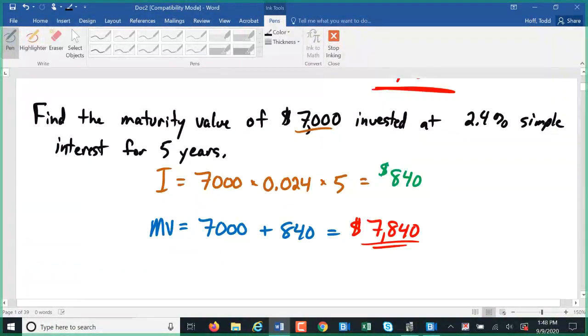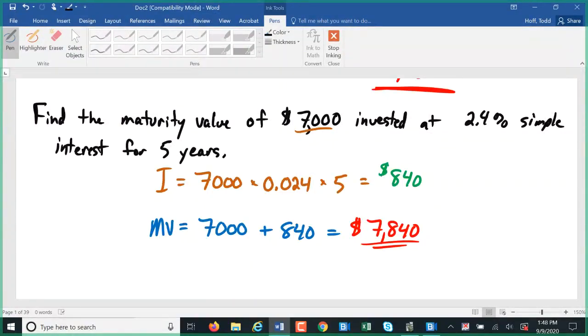Now these two examples I did here are accurate, but they're not terribly reasonable. You might think that the interest rates are a little high, and they might be. But the biggest thing is banks don't like to do simple interest on a 5-year or even a 3-year investment. Banks don't like to go more than 3 to 6 months without calculating interest.